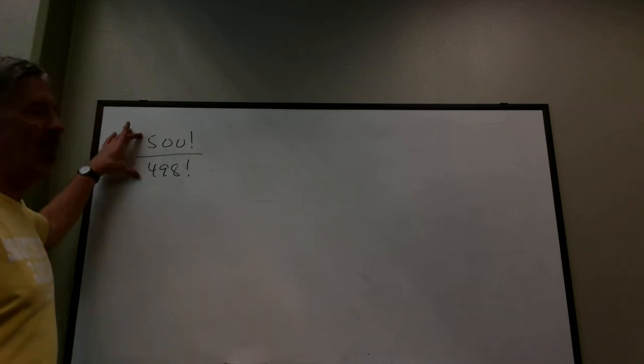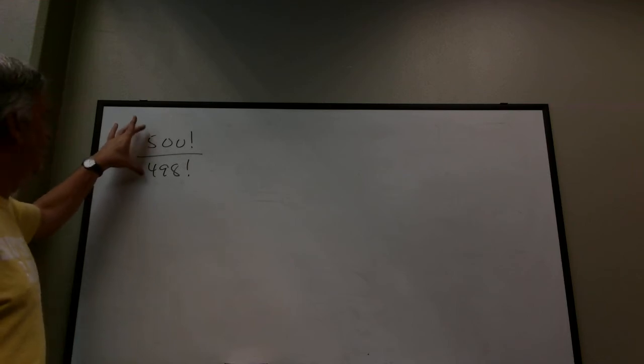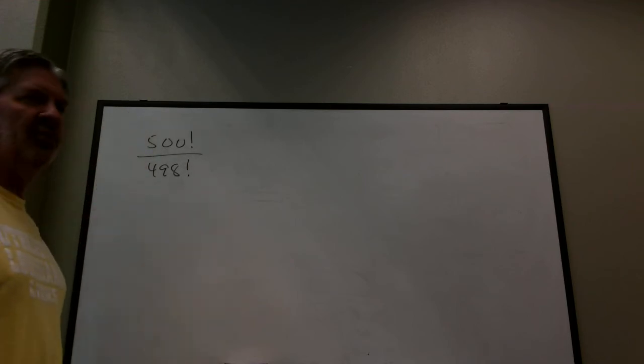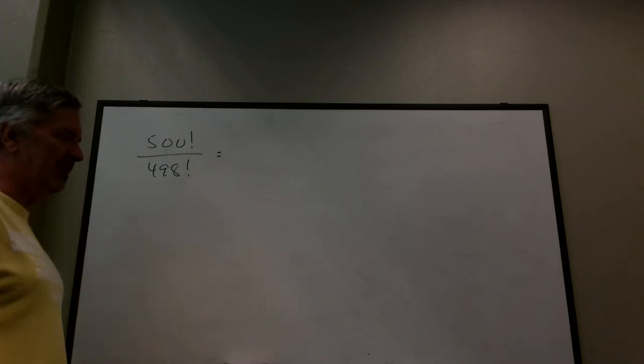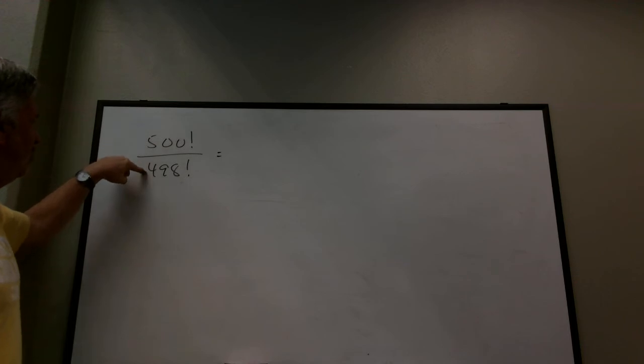Some of you may have a calculator that could do this by typing it in. But if your calculator can't handle large numbers like that, do what we just practiced. I take the larger value, which is the 500 factorial, and break that one down until I get to 498.